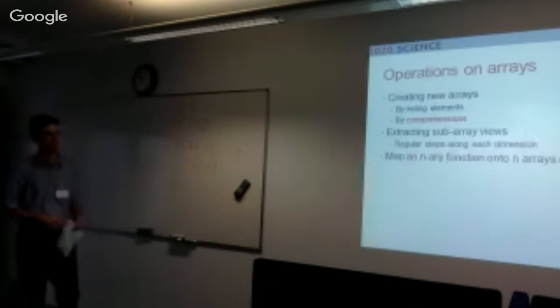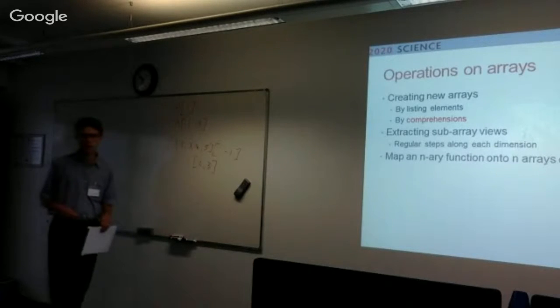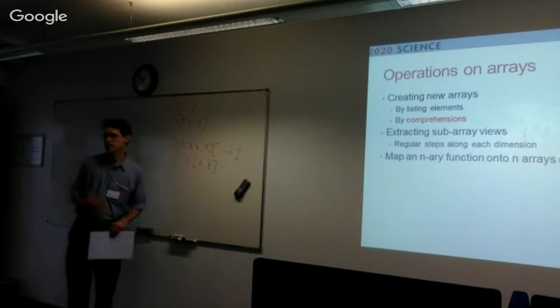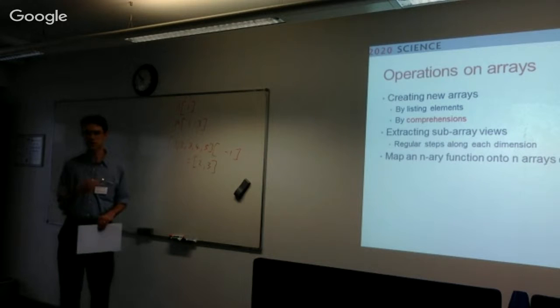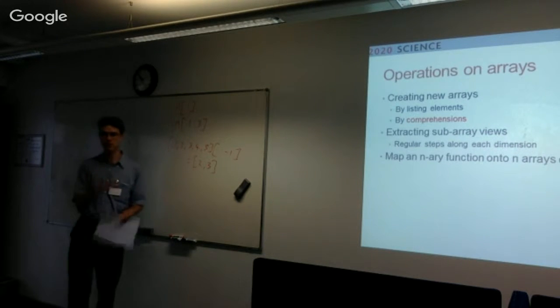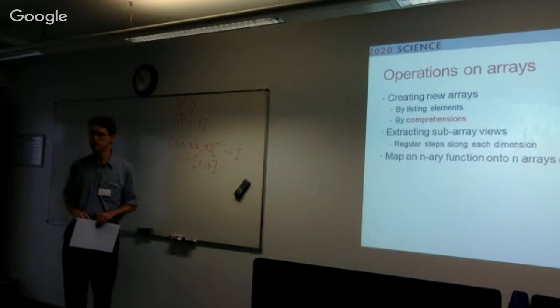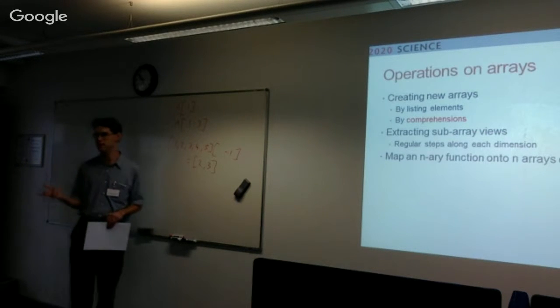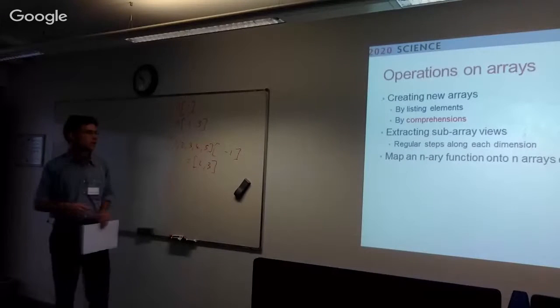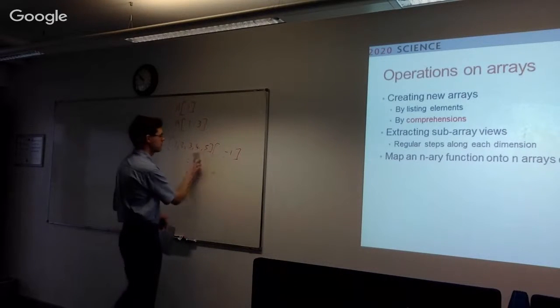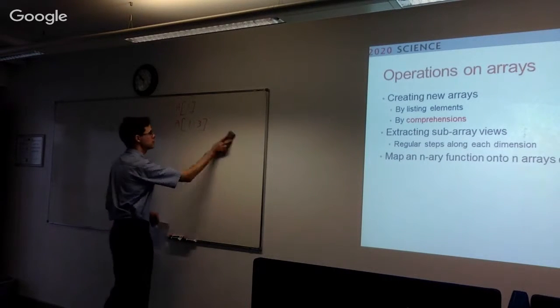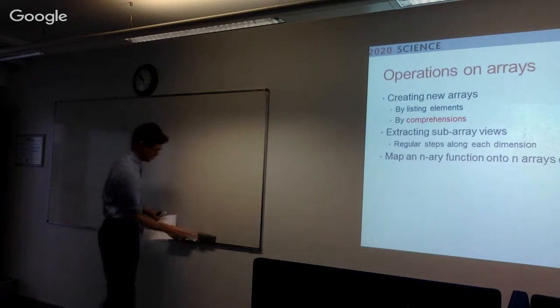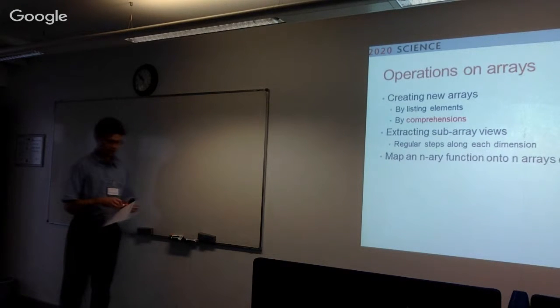The third kind of operation is a map, and this is for applying a function to every element of an array or to every element of corresponding arrays. So you can take the element-wise difference of two arrays or sums or that kind of thing, but you can map an arbitrary function onto a collection of arrays.